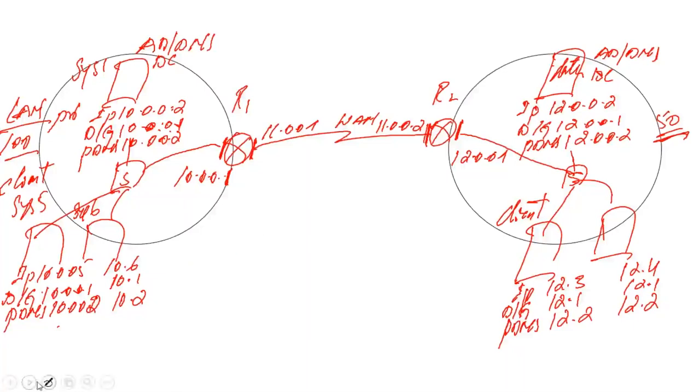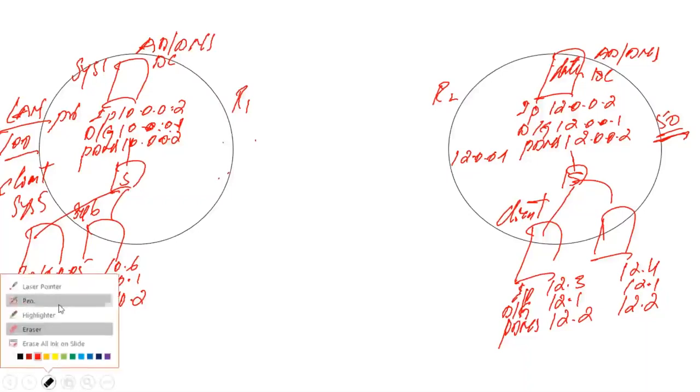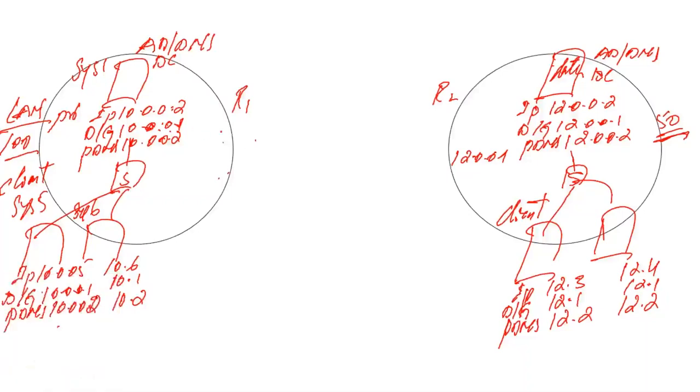But according to this diagram, we are not using a hardware router. We are using a software router. So we have to take the help of the software router diagram here. Just 1 minute, please. To connect this network, how many routers do we require? Two.